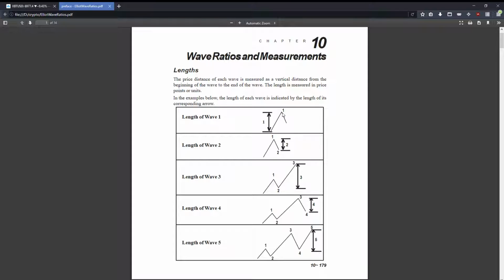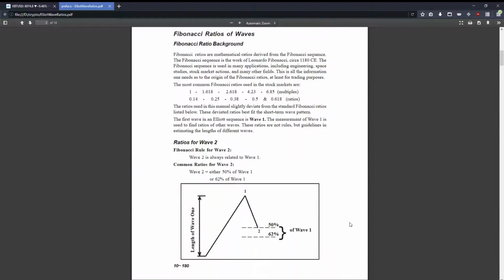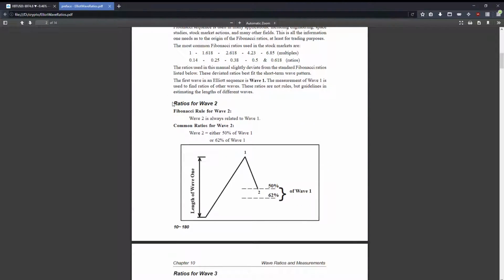What we're looking for is a wave 2 retracement from a high that matches up with guidelines for Fibonacci. So, ratios for wave 2. Wave 2 is always related to wave 1, and the common ratios are either 50% of wave 1 or 62% of wave 1. In this PDF, 62% is the 0.618 fib in TradingView.